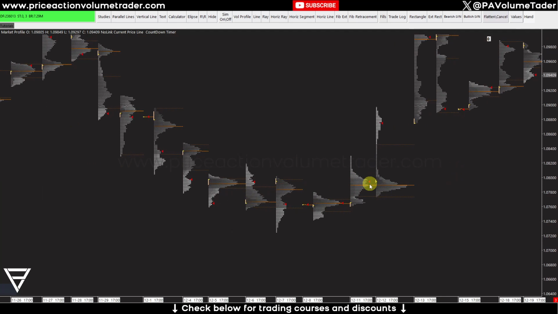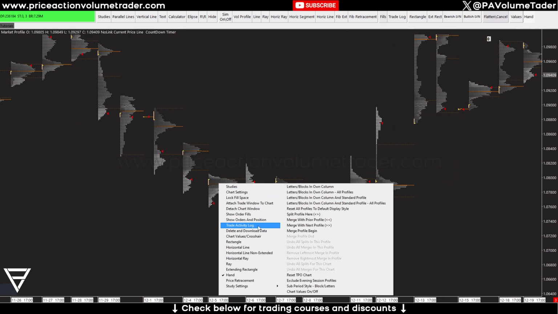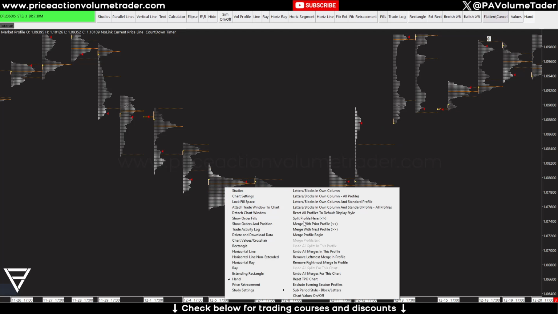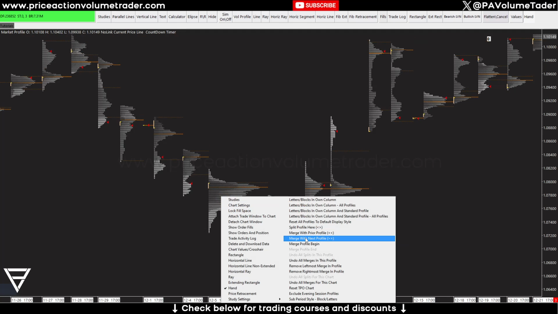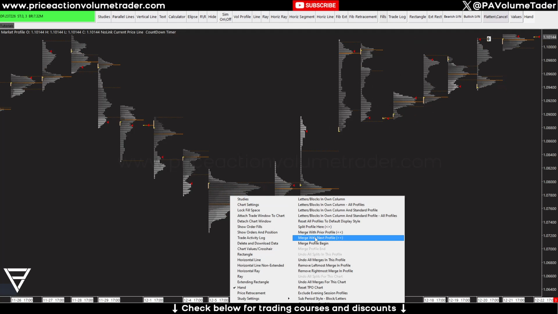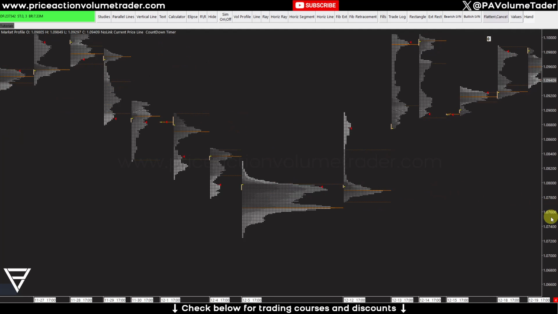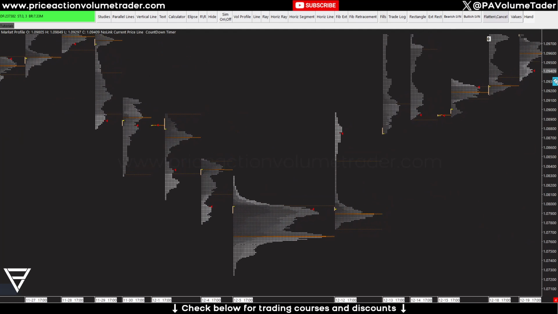And we're going to merge this one. So merge with next, merge next, merge next, merge next, and merge next. Okay? So now you can see down here at the bottom, I have a 5-day composite.